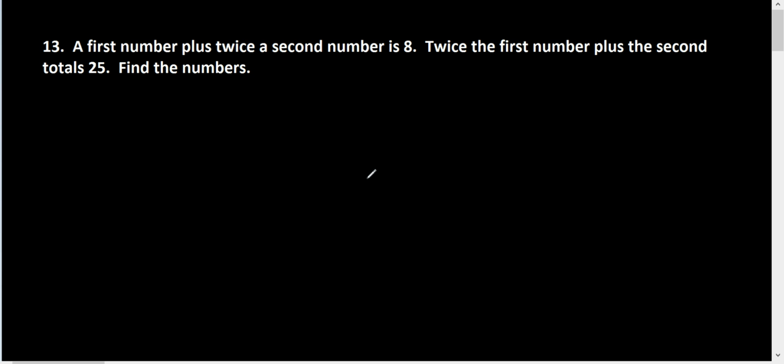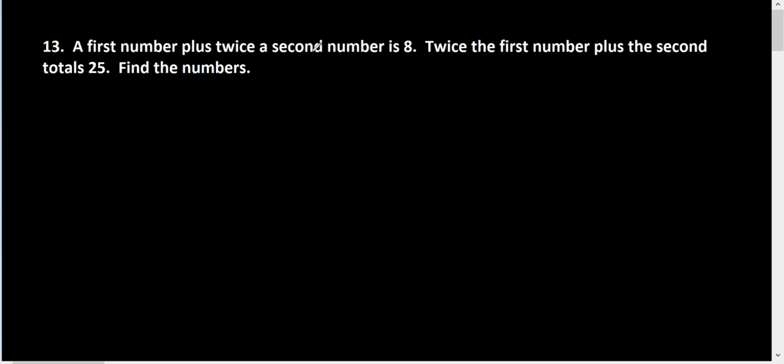All right, so let's start with number 13. These problems come from our textbook, page 318, but let's concentrate on the problem at hand. So we've got our derivation of the two equations.